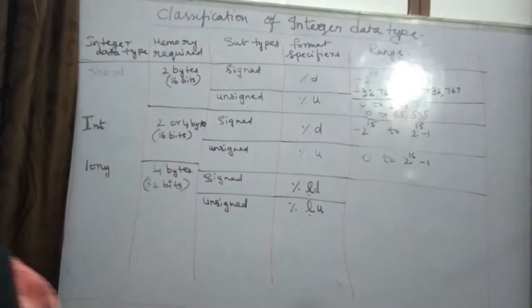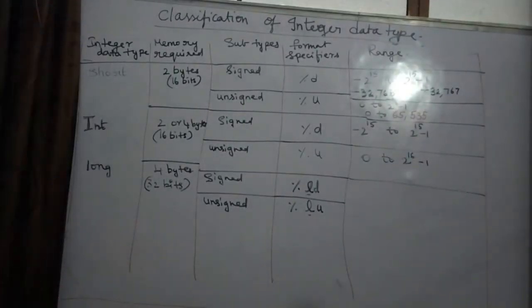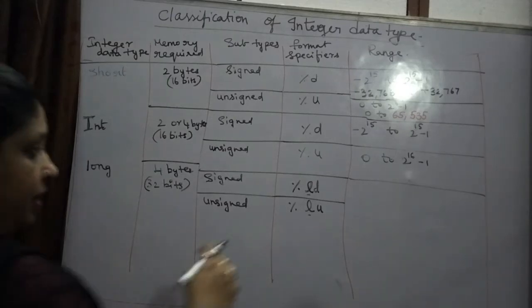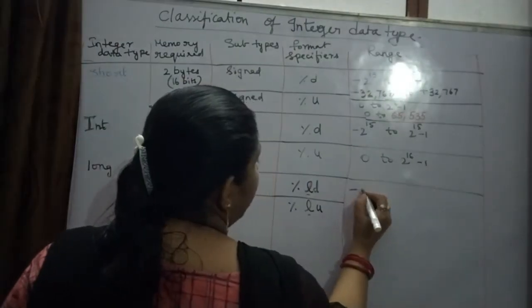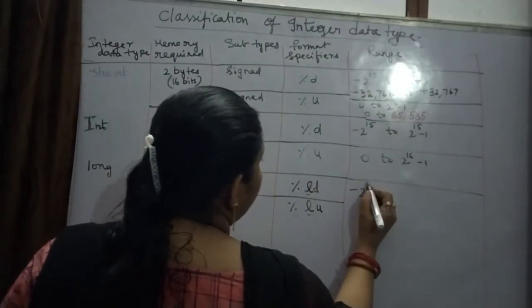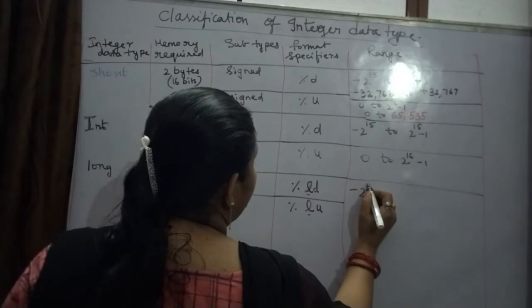Now coming to the range of values, first for LD, that is for signed, you are going to take minus 2 to the power of how much?